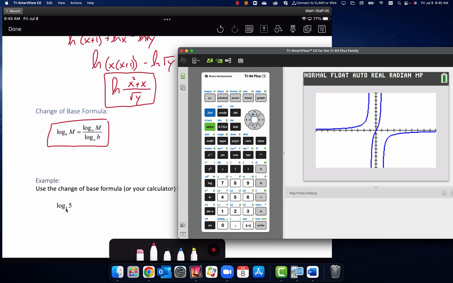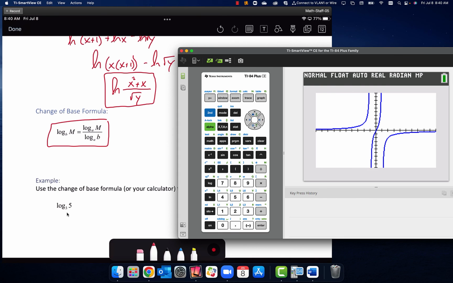We'll need to use the change of base formula. All calculators will have the common log and then the natural log. So we can use these two along with this formula to find the value of this expression.